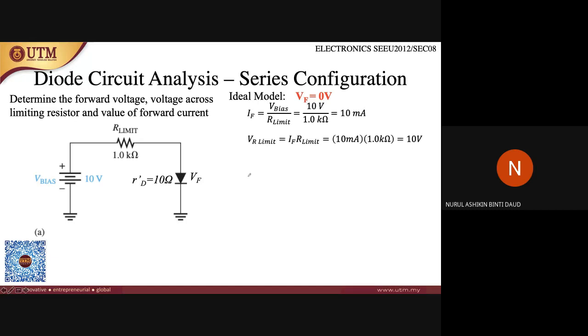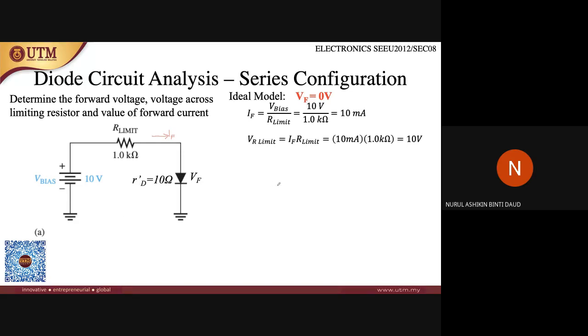Let's look at the ideal model first. As I said just now, we don't consider the value of the diode itself, so VF equals 0 volts. IF is the current that flows inside this circuit. Because this is a series circuit, the value of IF is always the same at any point.